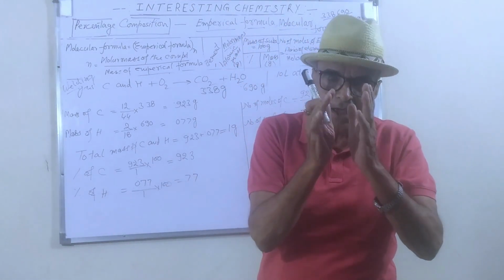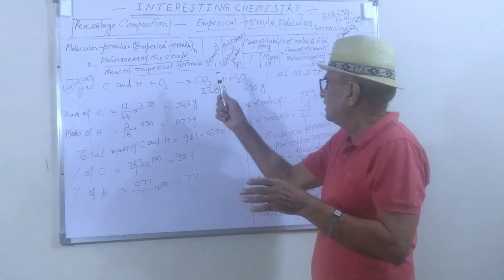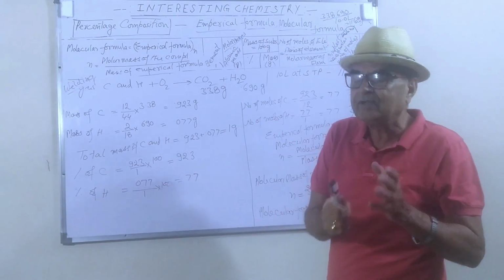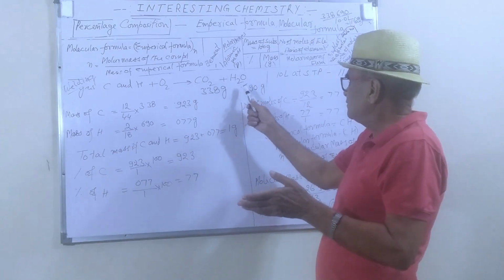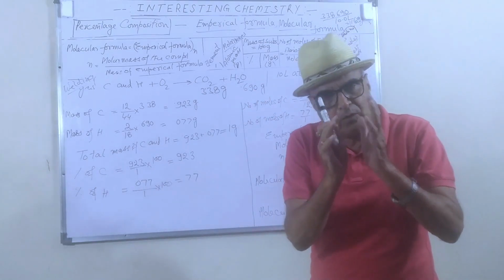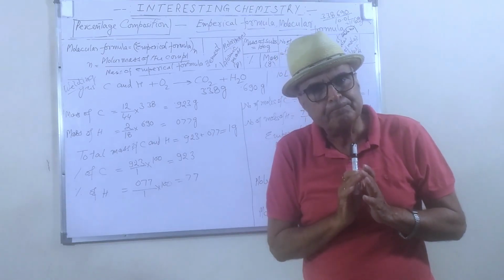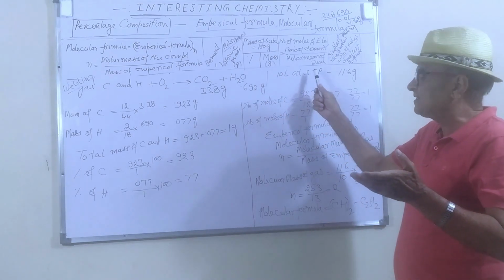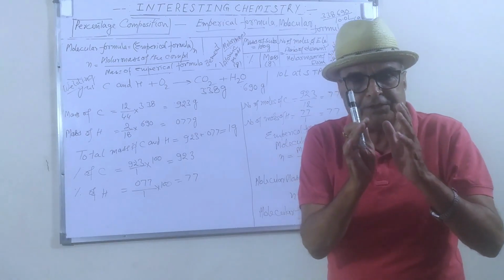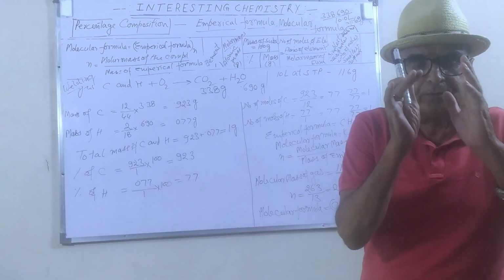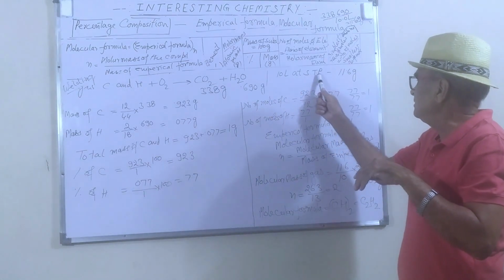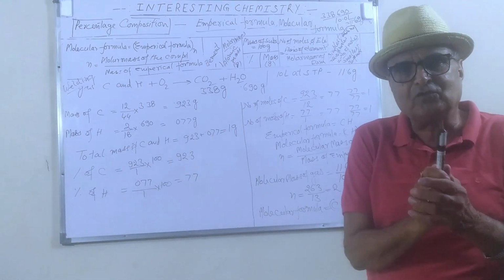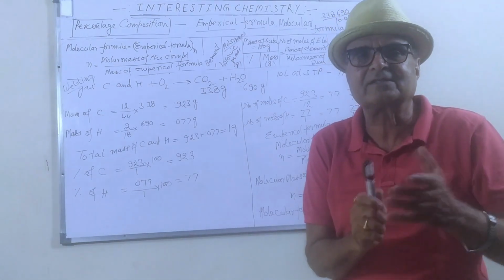We only have the data: 3.38 gram of carbon dioxide is formed, and 0.690 gram of water is formed from that gas. And again, the mass of 10 liter of that gas at STP is 11.6 gram. Find out the molecular formula of that gas.